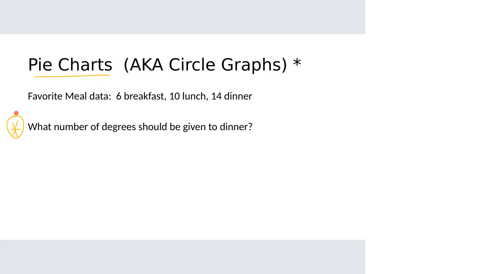But notice, I'm not asking you to draw the pie chart, although we're going to do that together. All I'm asking is how many degrees should be given to dinner?